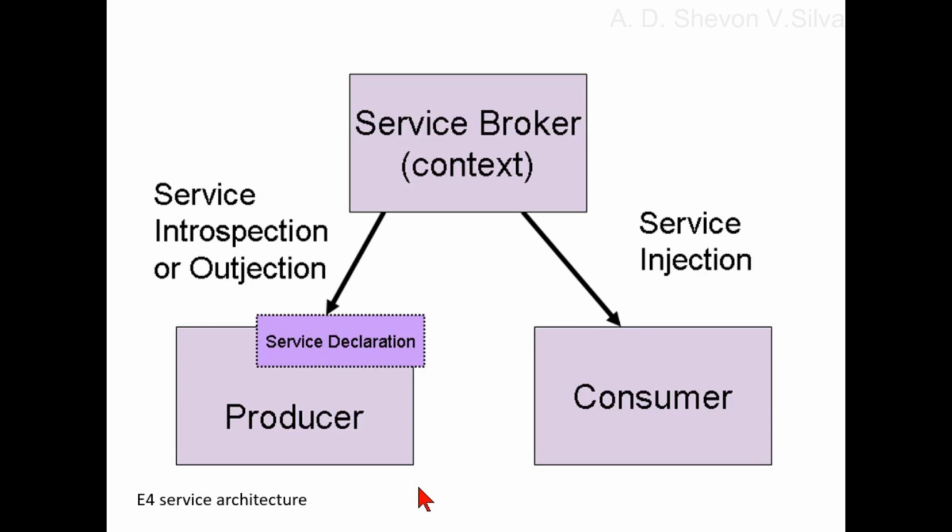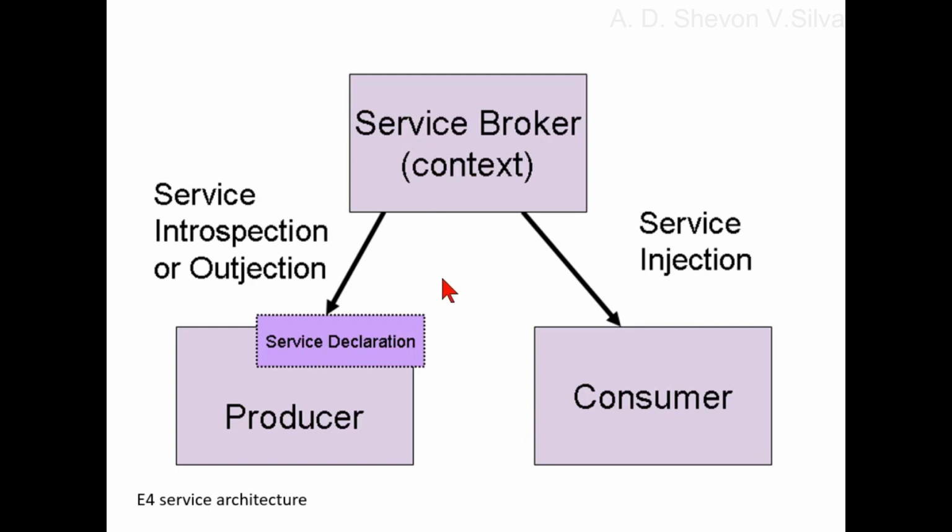Putting this all together, we have a model where a typical service consumer knows nothing about who provided the service, or what broker is used to bind and obtain the service.